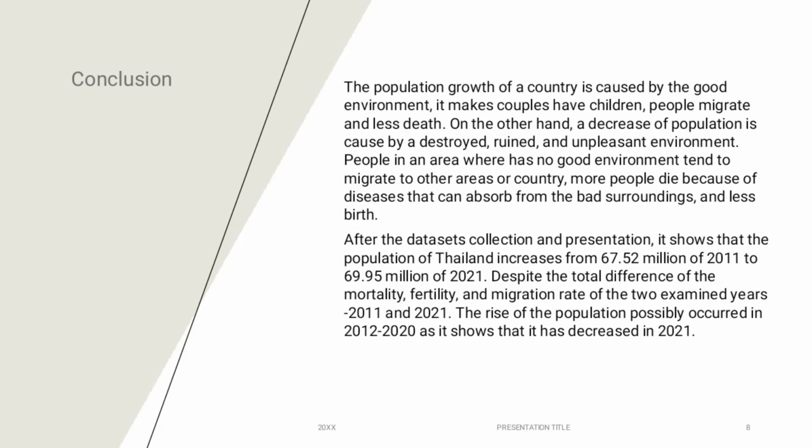Despite the total differences of the mortality, fertility, and migration rates of the three examined years, 2001, 2011, and 2021, the rise of the population possibly occurred in 2012 to 2020, as it shows that it has decreased in 2021.